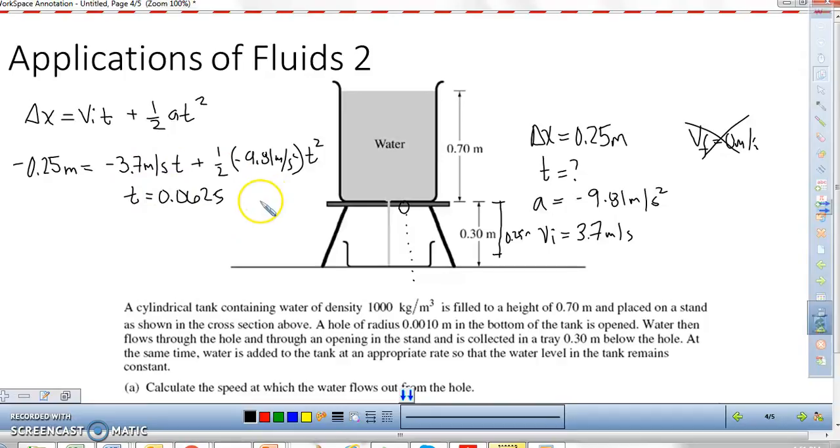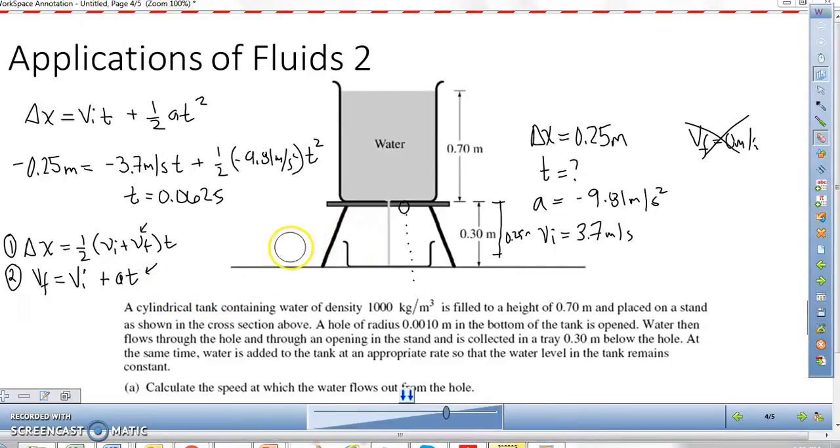Or as always, the other option is, instead of doing it as the most direct way in one step, I mean, this becomes a lot of work anyways, to do 2 steps. So you could use delta x as 1/2 (vi plus vf) t, where you solve for vf. Oh, I'm sorry, you can't use that because you have 2 unknowns.